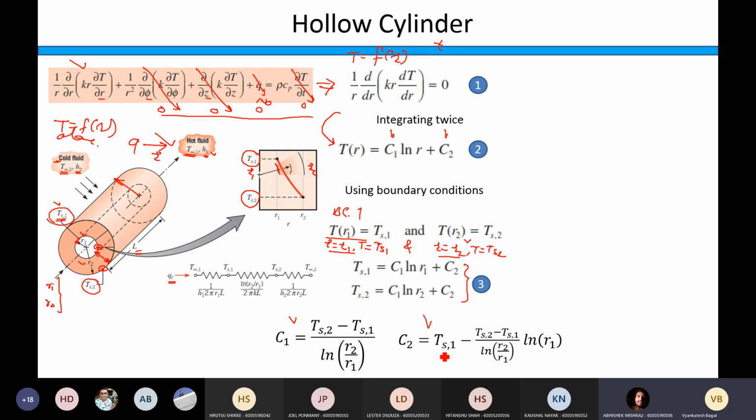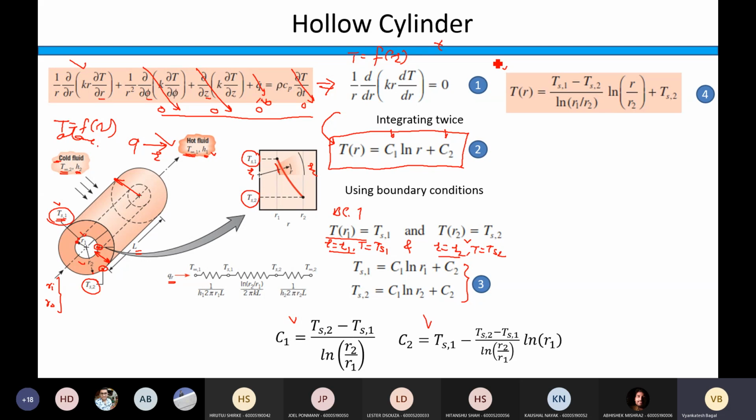So now the next step is, once you know the constants C1 and C2, you have to put them back into the temperature distribution equation, and what you will obtain is the temperature distribution, how the temperature is varying across the thickness of the cylinder. So this is the expression of temperature distribution. I will write the temperature distribution equation. T as a function of R. This is not T into R, remember.